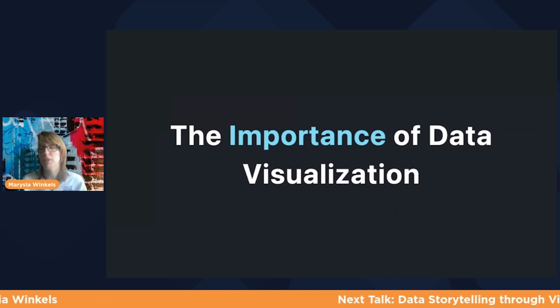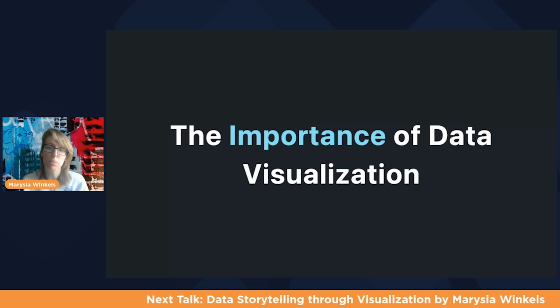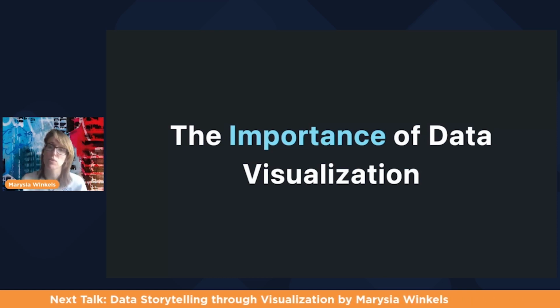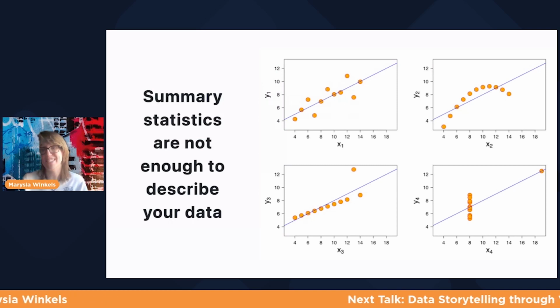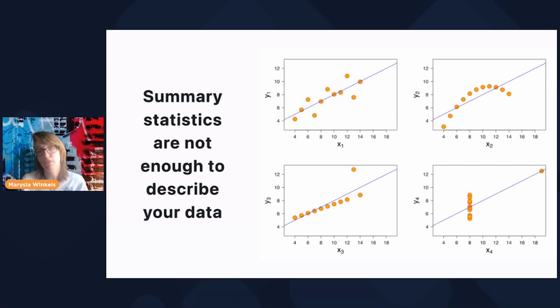Some people are of the impression that charts are simply pretty pictures, while all the important information can be gathered through statistical analysis. An effective and often used tool to demonstrate that visualizing your data is in fact important are these four figures here. These are a data set, the Anscombe's quartet.